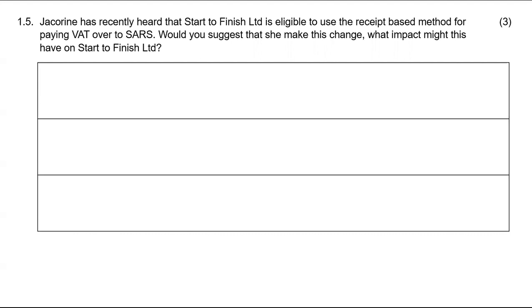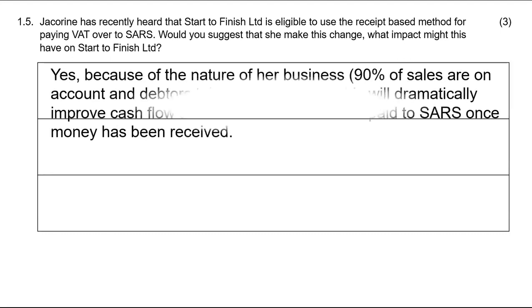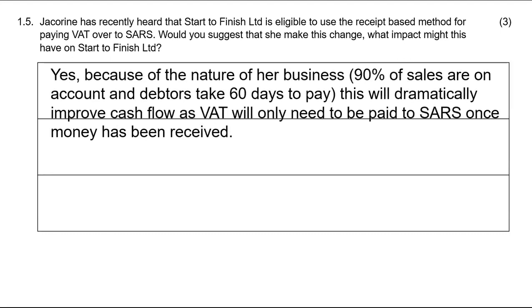Note that when you use the invoice basis, it means you calculate your VAT when you issue an invoice. But when you issue an invoice, note that 90% of these invoices are on credit. They'll only be paid after 60 days. So you pay before you receive money. So your payment before you receive money might affect your cash flow negatively. That's why I would encourage her to actually change to the cash method.